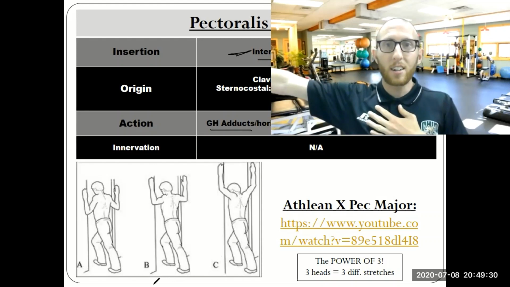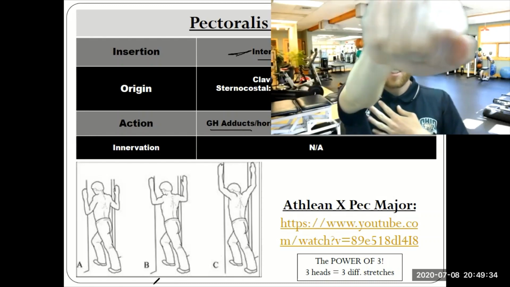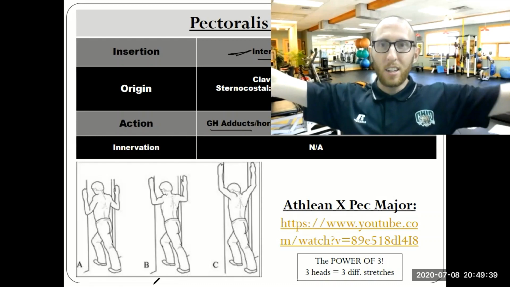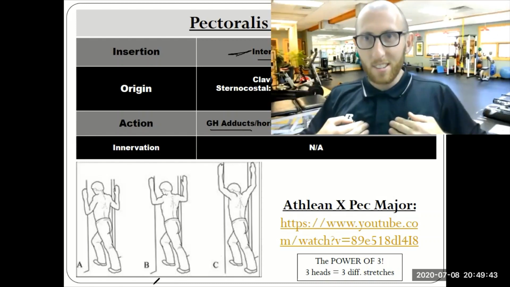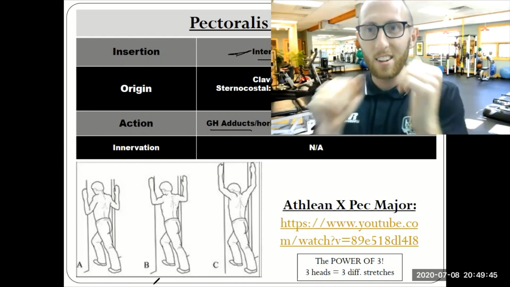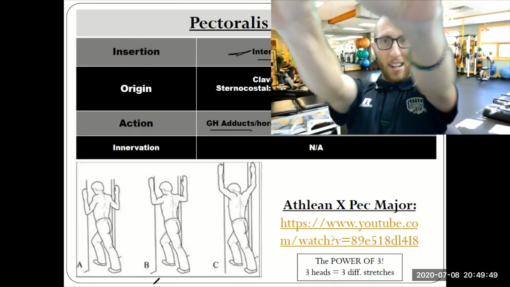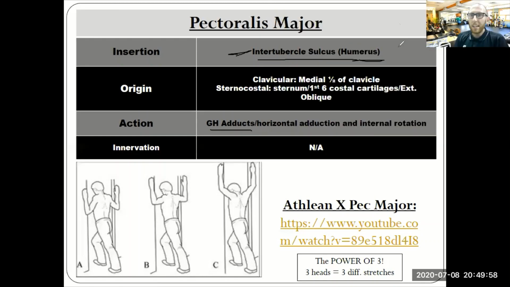If I start here, horizontal adduction, like that. Starts here, coming across. If you do this a couple times, squeeze the chest muscles together, you'll feel the pectoralis major contract when you do horizontal adduction. And there's also a little bit of internal rotation in there.